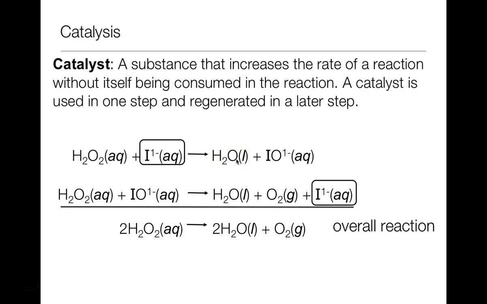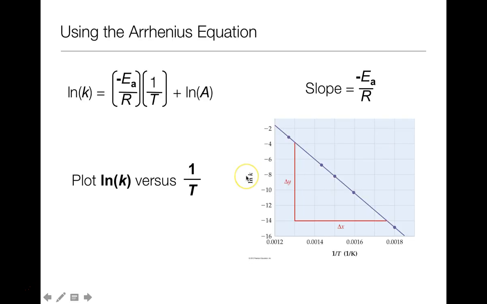It has to physically touch and interact with your reactants. But then it's immediately reacted with another molecule of peroxide to form water and O2 gas, and it regenerated our catalyst. So even though it was part of the reaction, overall it was never consumed. And if you put it through a mass spec or some other instrumentation that could measure how much I1- is there, it'll never change, beginning to end.